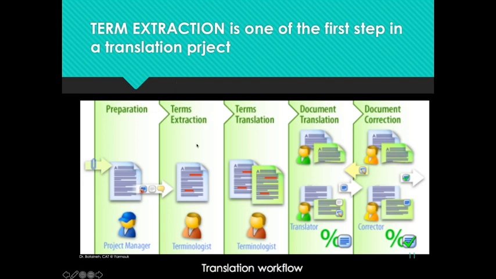The terminologist does what we call term extraction. The terminologist goes over the source text and extracts terms, and then they send it to another terminologist who knows both languages, and the other terminologist translates the source terms into the target language. In most cases, terminologists are bilinguals and they retrieve terms, they also translate them in the target language.